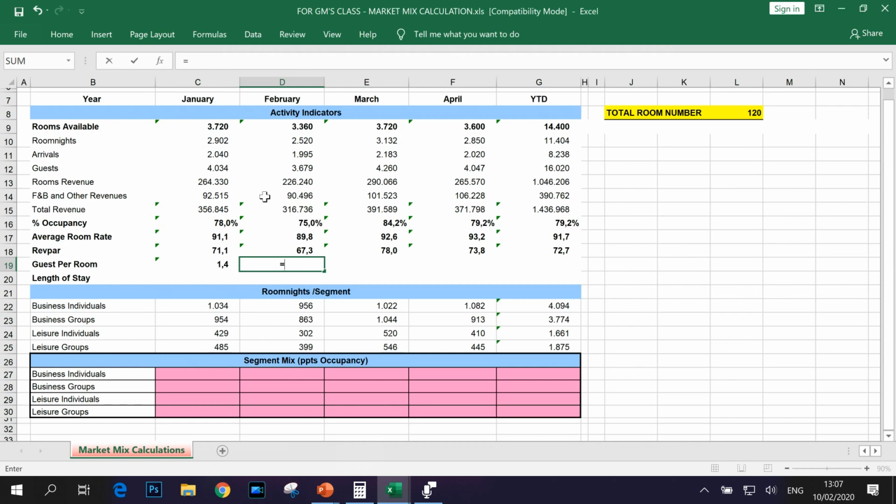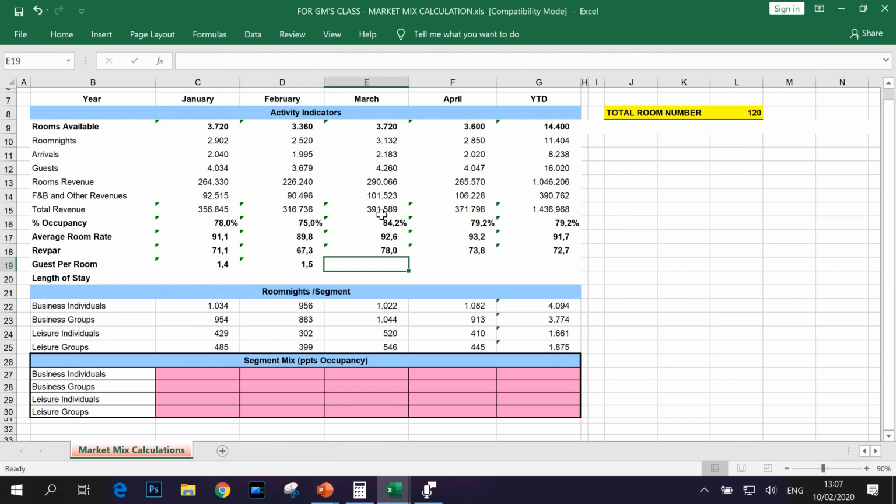Same thing we can do for February. February guests per room is the number of guests here divided by total rooms sold. Okay, 1.5. So we can see that in February we had more double or triple occupancies compared to January.